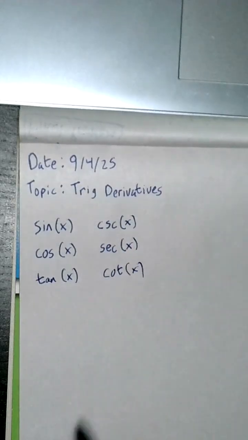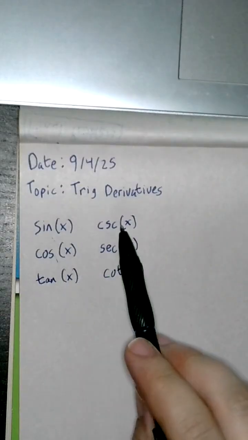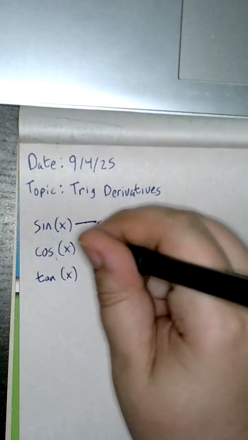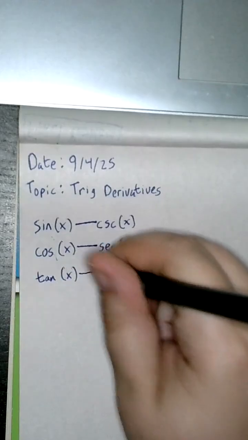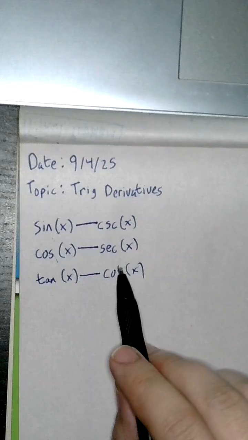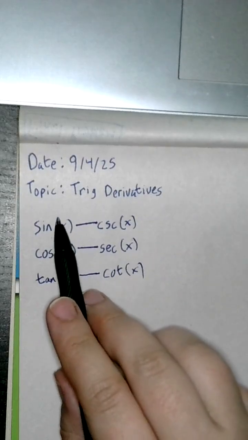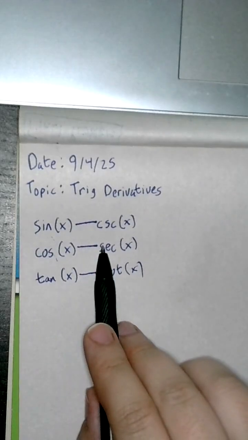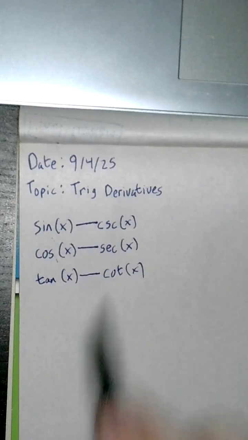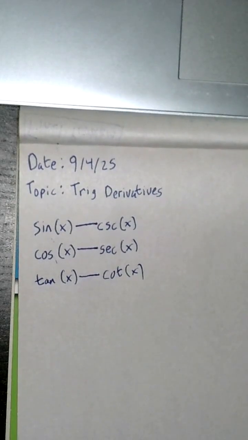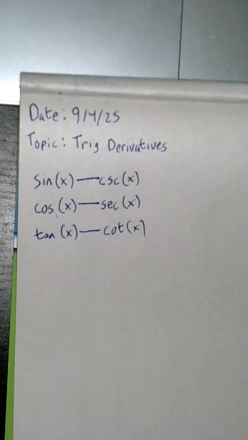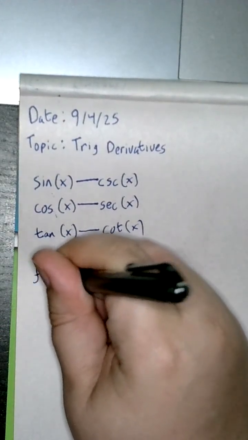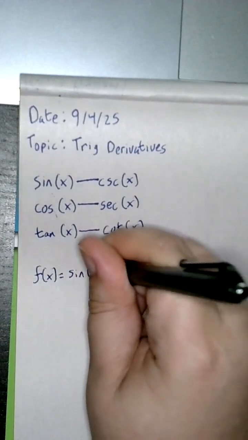Remember, the reason why I have 3 on one side and 3 on the other side is that these three trig functions are reciprocals of these three. Sine matches up to cosecant, cosine matches up to secant, and tangent matches to cotangent. So let's go ahead and start by telling you what the 6 derivatives are. Suppose f of x is equal to sine of x.